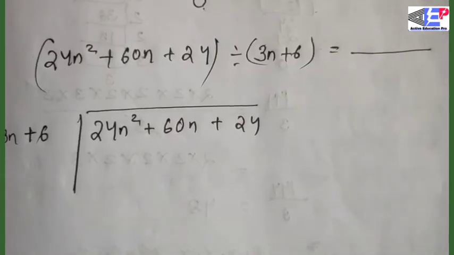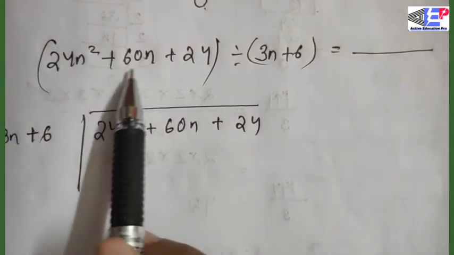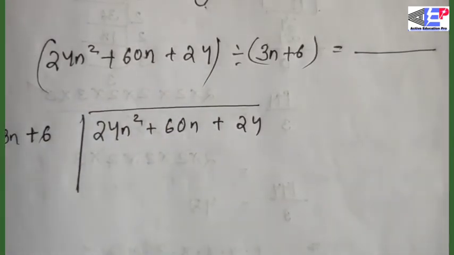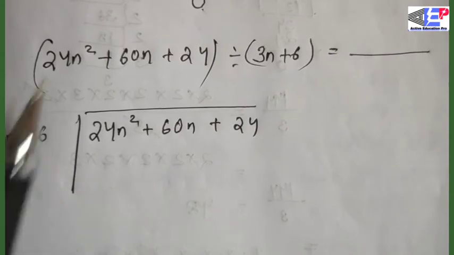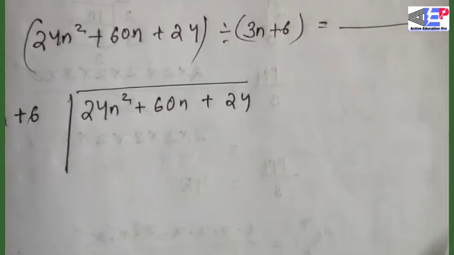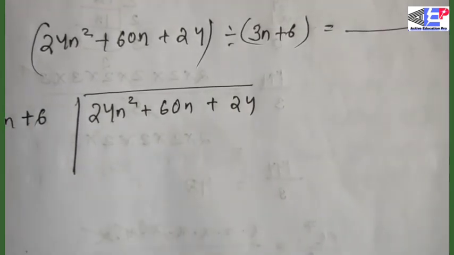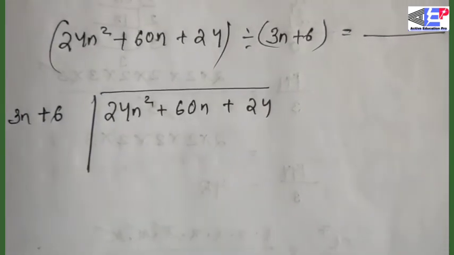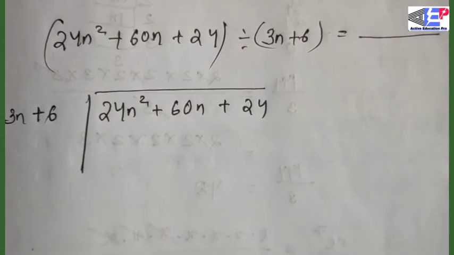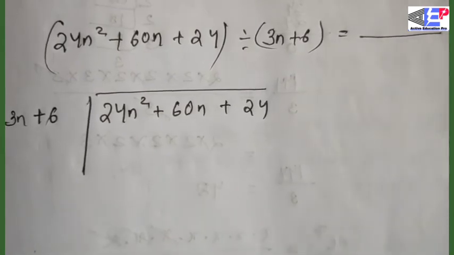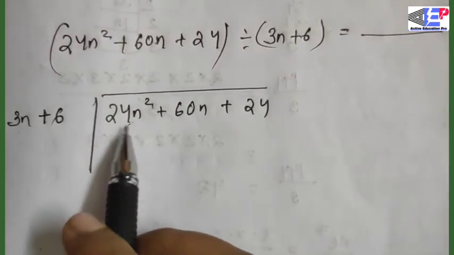Here is the second example. We have to divide 24n square plus 60n plus 24 by 3n plus 6. I write both expressions in standard form, with degrees in descending order 2, 1, 0 and here 1 and 0. Then first follow the rule. The first term of the divisor is 3n and the first term of the dividend is 24n square.